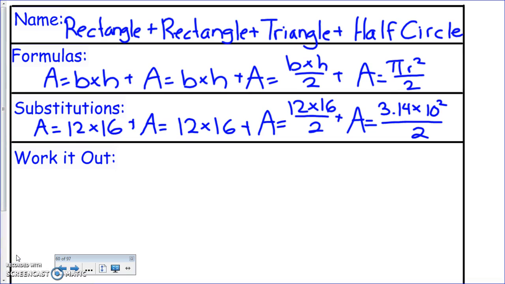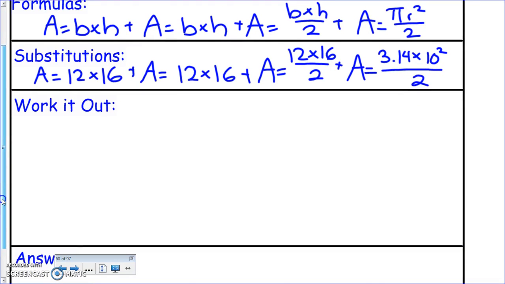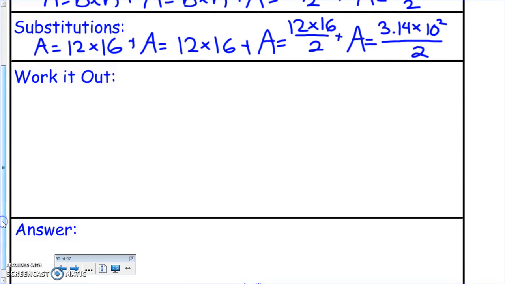First thing we're going to do is multiply 12 times 16. And we're going to keep all the work. Don't erase any of it, because we can use that answer in 3 different spots in this problem. So 12 times 16 gets us 192.